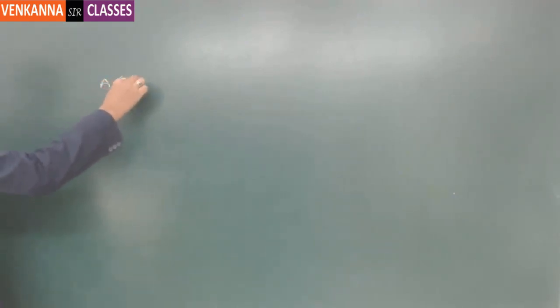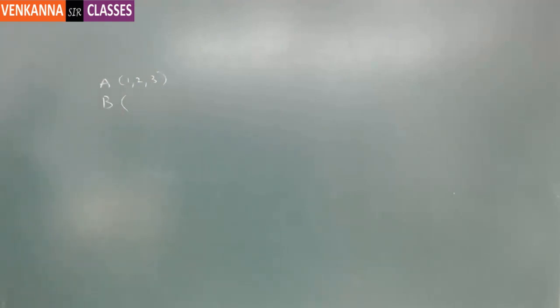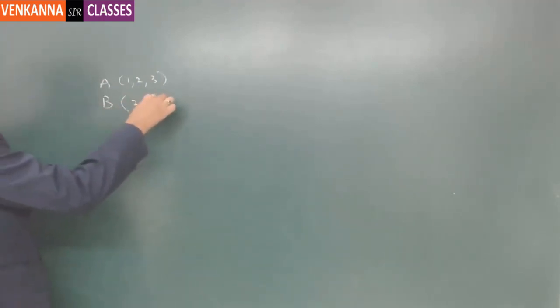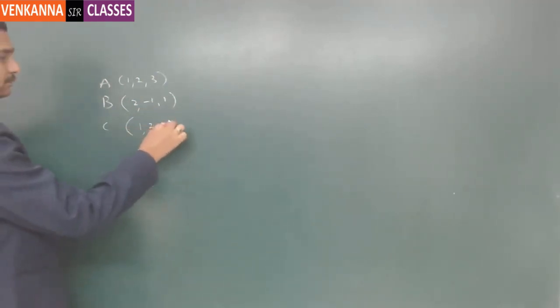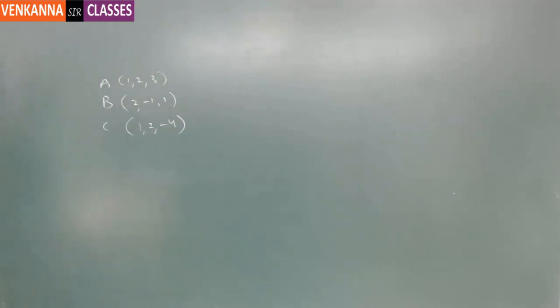So the problem is I have taken the vertices of a triangle as A 1 2 3, B value 2 minus 1 1 and C value 1 2 minus 4. So you have to calculate the area of the triangle ABC whose vertices are given like that.